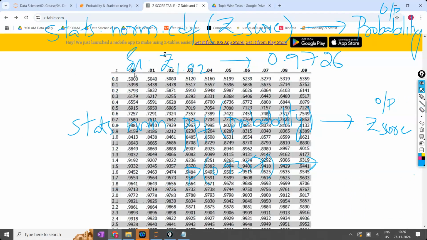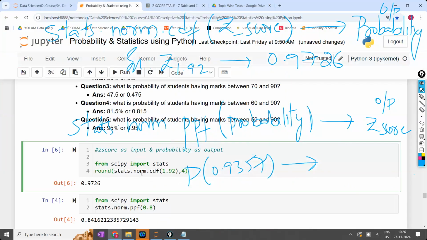See, this starting is 0, 0 is there. Why are you confusing? Starting you will forget 0, 0. First one you are considering as 1.51, 1.52, 1.53, like this you are going. Here after 1.5, this is not 1, 2, 3, it is 0, 1, 2, 3. So 1.52, about 2 is there. Okay, 0.9357, what is the Z-score? 1.52. So let us cross check.